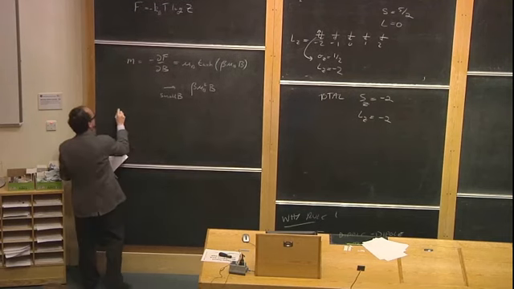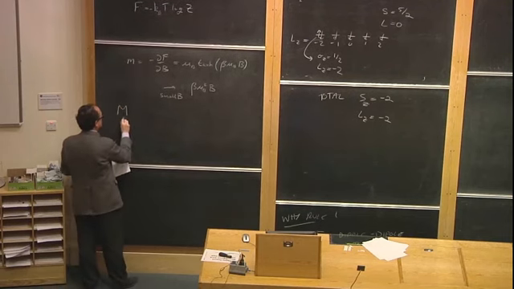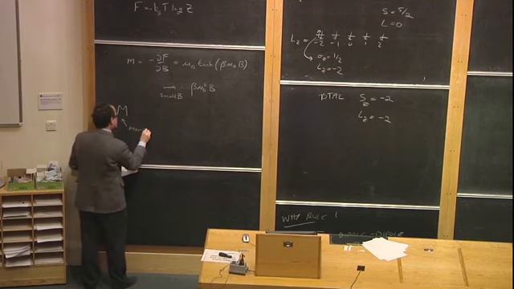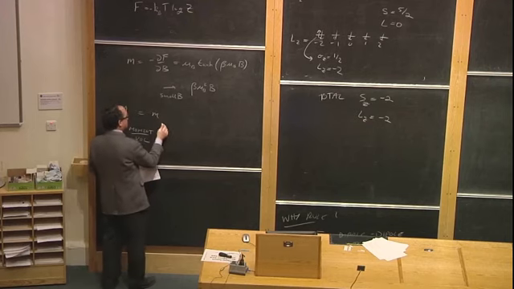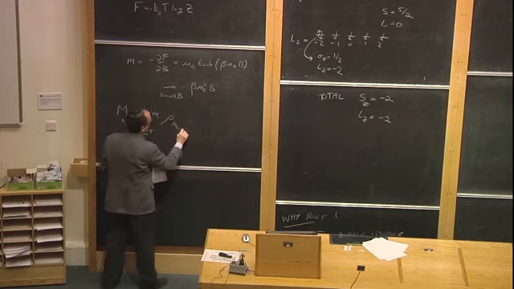Then the magnetization, capital M, which is moment per volume, is the moment per spin, small m, times rho, the density of spins.